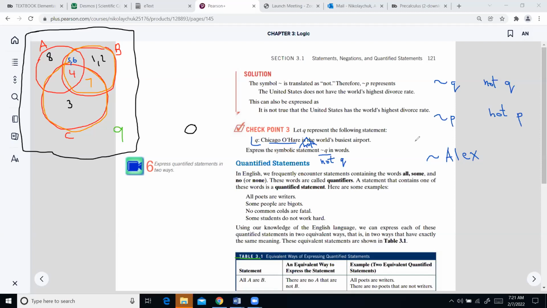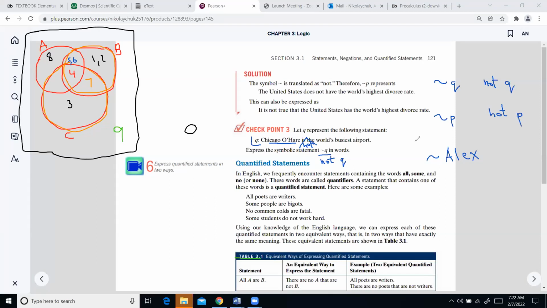Whether it's a correct statement or not doesn't really matter to us right now. All we do is negate things. That's another part of this class that sometimes people don't feel comfortable about, because sometimes there's a statement in the textbook that you may not agree with, but that's okay.